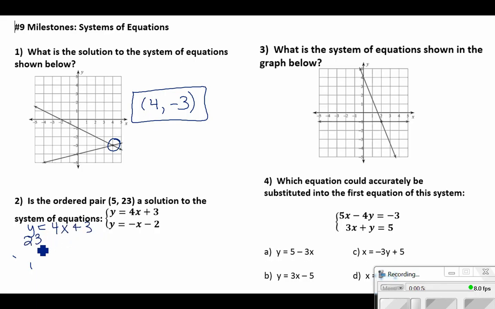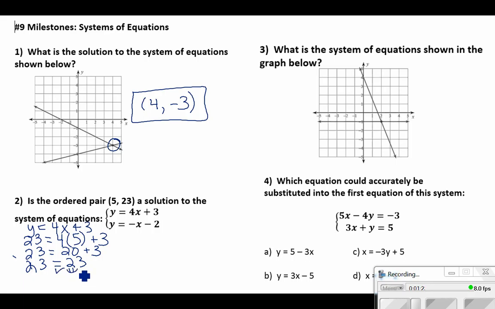Y is 23. X is 5. Now we just have to solve it. Bring down the 23. 20 plus 3 is 23. So we get a yes on this one.